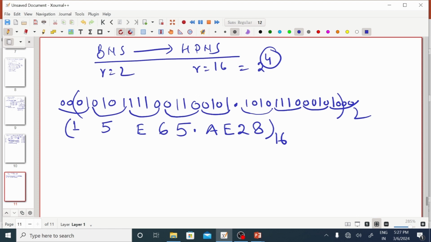So this is direct, because here we know that there are 16 digits. 0 is represented by 0000 by a group of 4 binary bits. Similarly 1 is represented by 0001, and in this way 9 is represented by 1001, and 10 means A is represented by what? 1010. B is represented by 1011. C is represented by 1100.